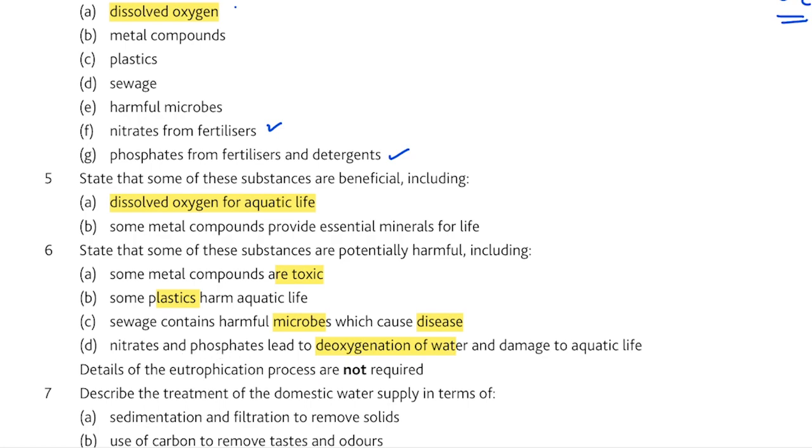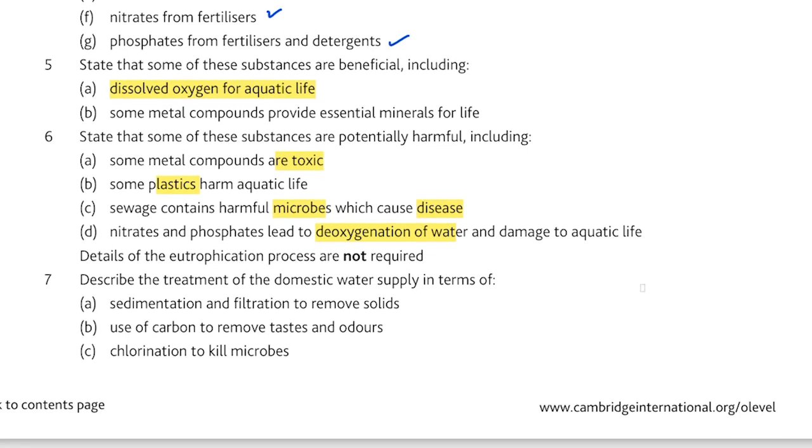Algae and plants in the water use nitrates and phosphates and grow a lot, and they produce a green layer on the surface of the water, which we call algal bloom. That stops light from entering the water, so everything starts to decompose in the water, and that water will have no life in it.